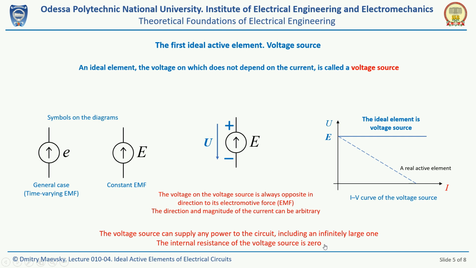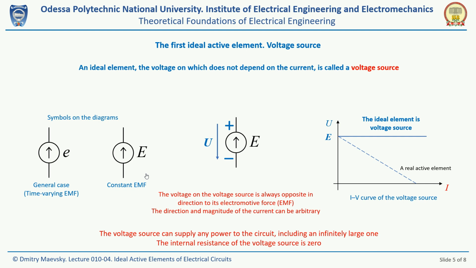Indeed, in this case, the voltage drop inside the source will always be zero regardless of the amount of the current. Accordingly, all the voltage generated by the source will enter the electric circuit without any losses.